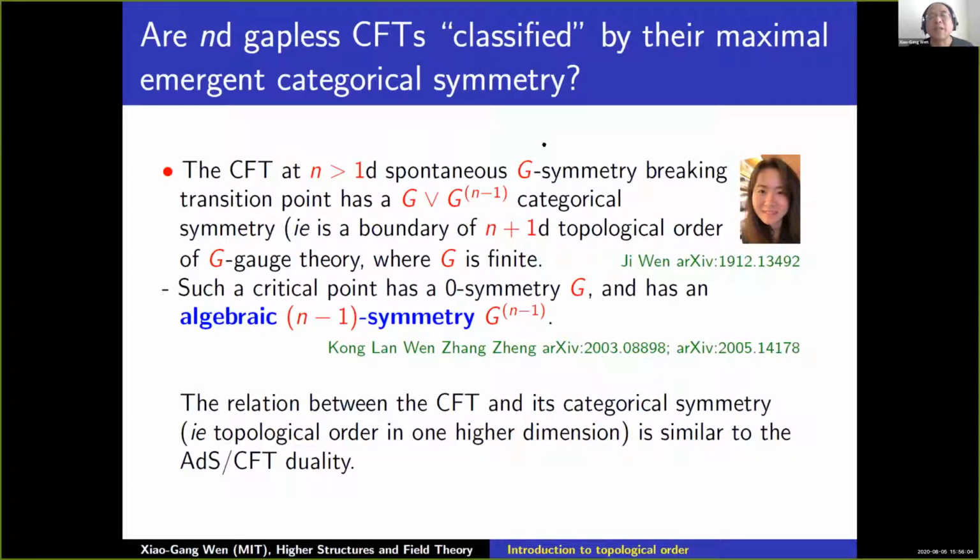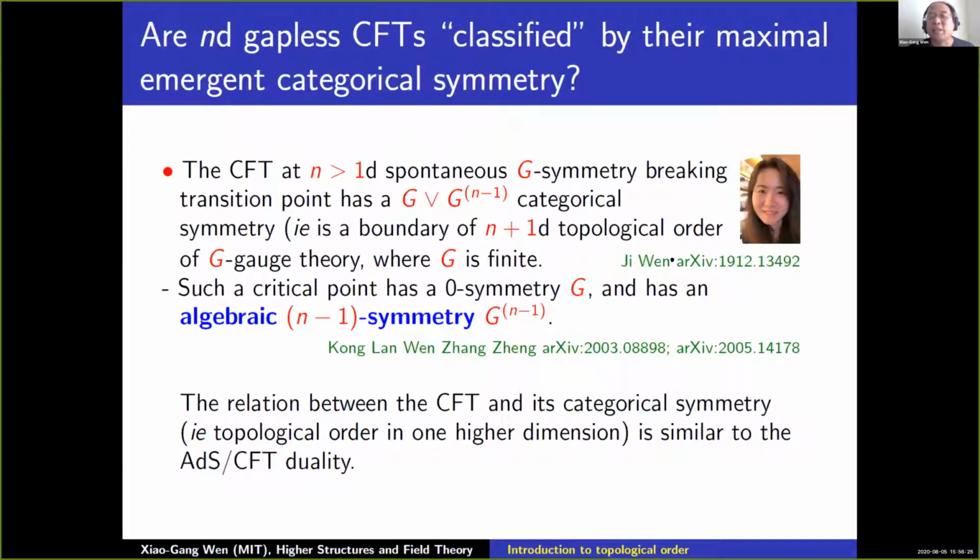Okay. Then this G symmetry breaking point has a phase transition. You know, this G symmetry breaking transition is described by a critical point, and this critical point should have a G symmetry.